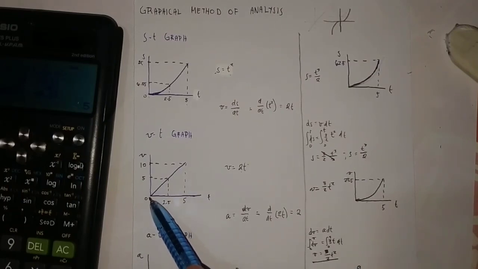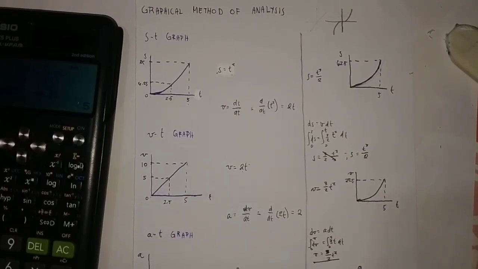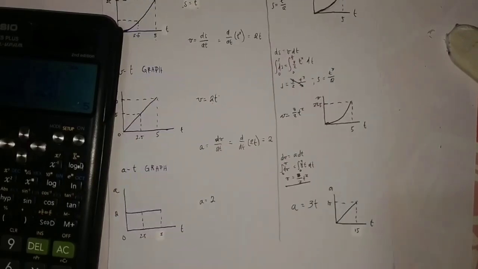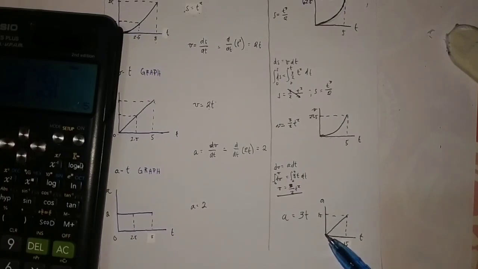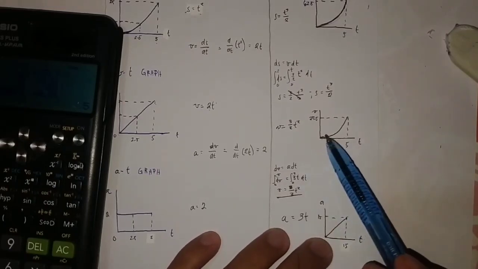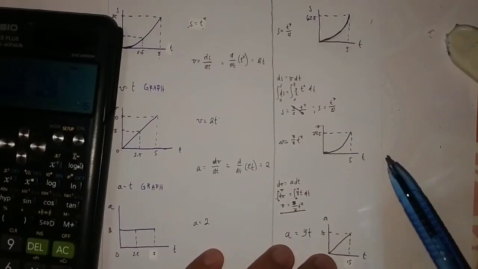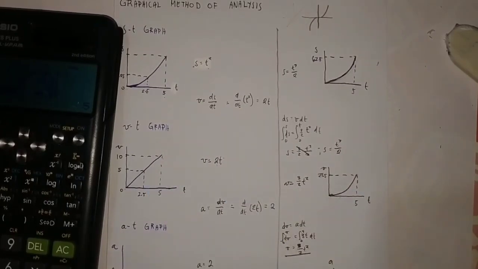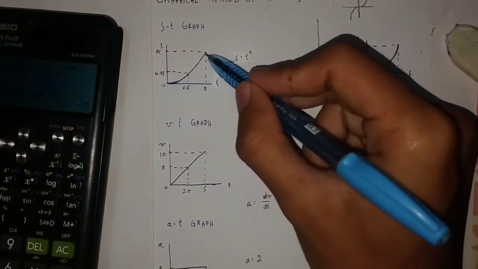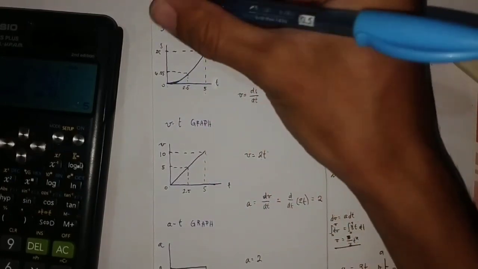As you can see here, the velocity rises constantly, therefore its acceleration is constant. Here, the acceleration has a slow, constant, uniform increase, which means its velocity is always in parabola form, as well as here.